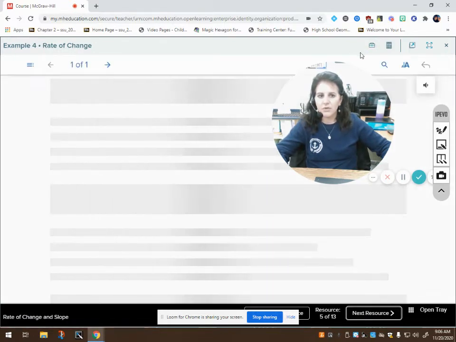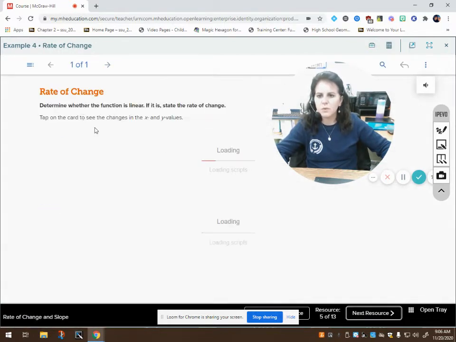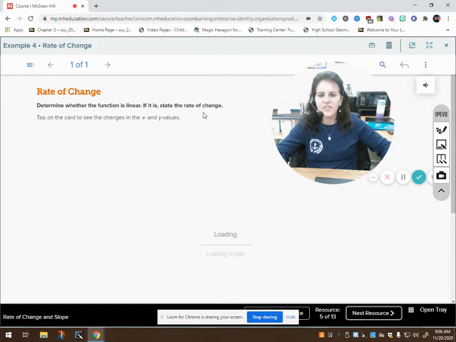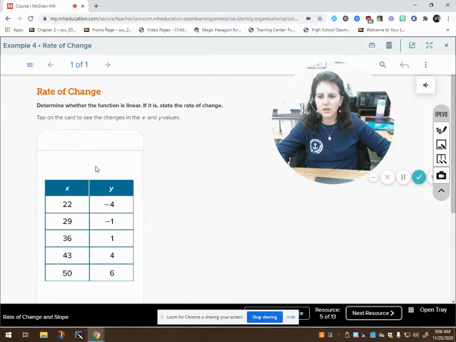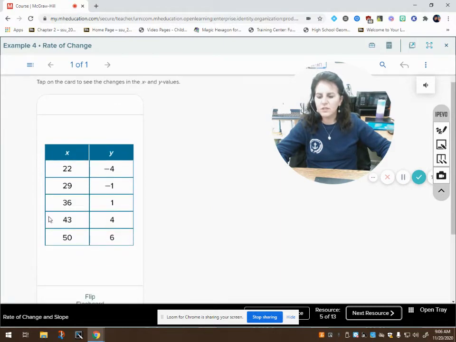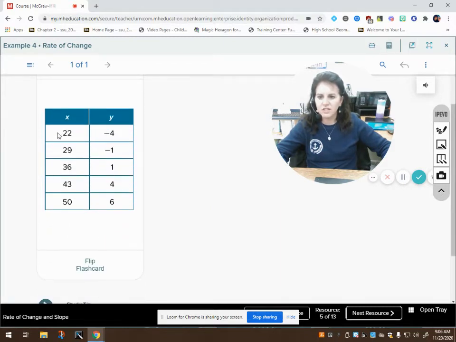Looking at example number 4. Determine whether the function is linear, and if it is, state the rate of change. So again, we're going to be looking at the table here. So we don't have to flip the flashcard, we could do it ourselves. It's going up by 7, goes up by 7, goes up by 7. Let's see what's happening here.